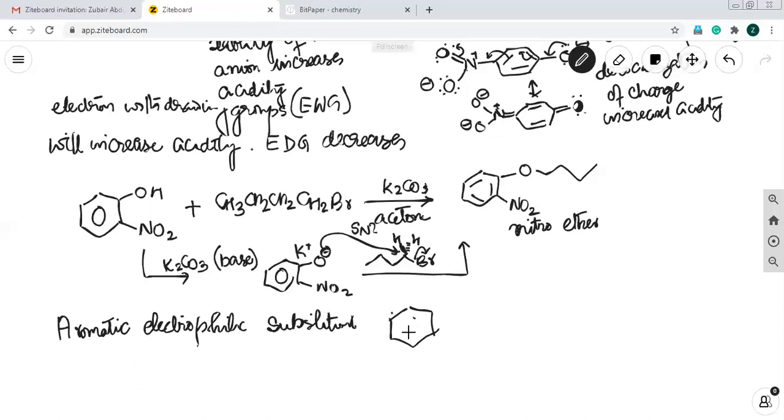If you take phenol, you just take bromine and water. See, phenol is highly electron donating. The OH group is highly electron donating. What is the consequence? The electron density of the benzene ring is increased. Hence, what happens? The substitution is very, very easy.